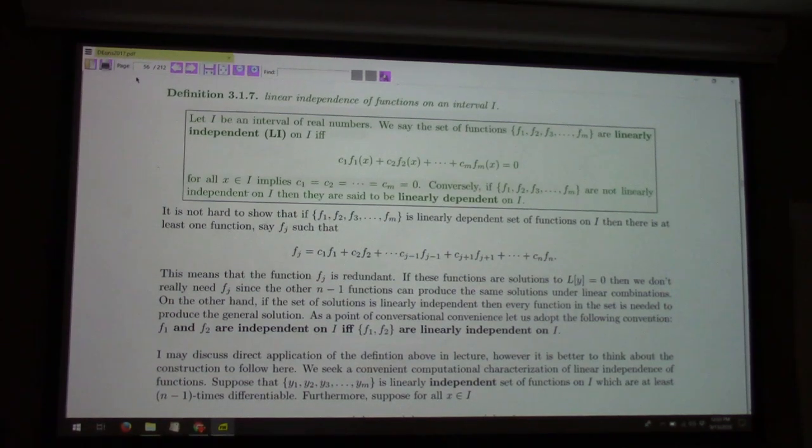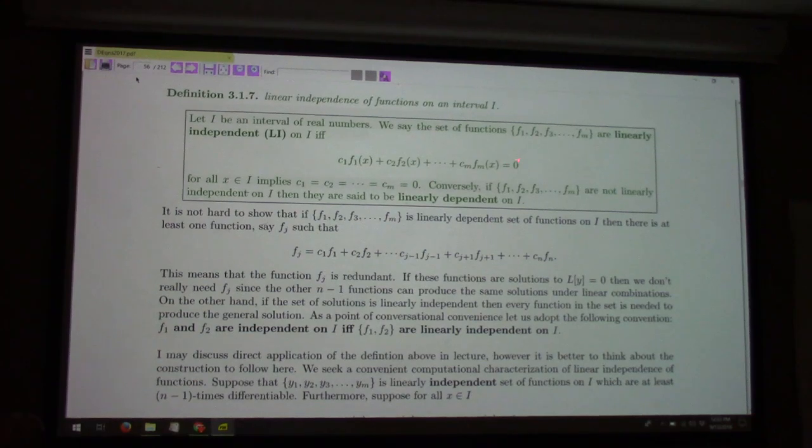On the other hand, if this equation set equal to 0 does not imply that all the coefficients are 0, if it implies that one of the coefficients is non-zero, then that means they're linearly dependent. And since we're working with a field, which means every non-zero thing has a multiplicative inverse, it follows that you can solve this dependence up here.